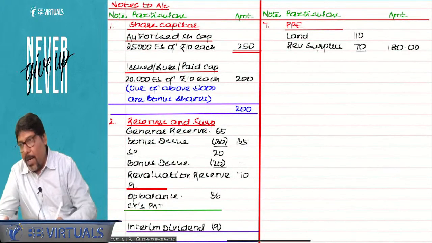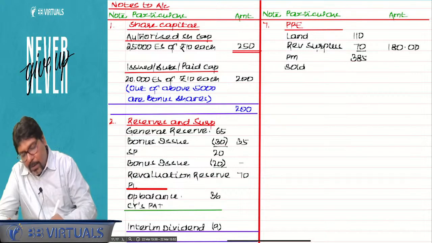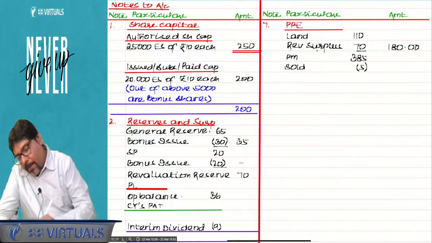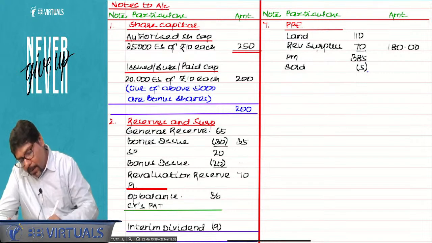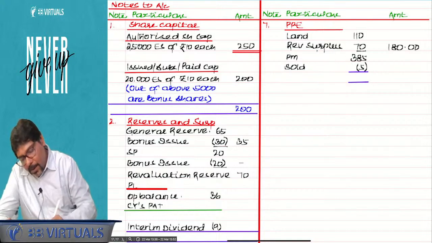Then we have got plant and machinery. Plant and machinery, how much? 385. Sold how much? 5. So we are left with how much? 380 of original cost.